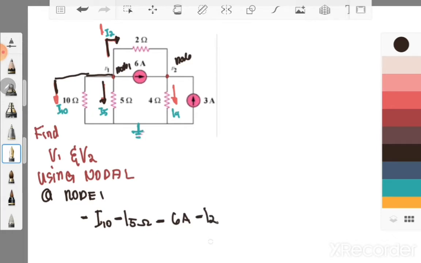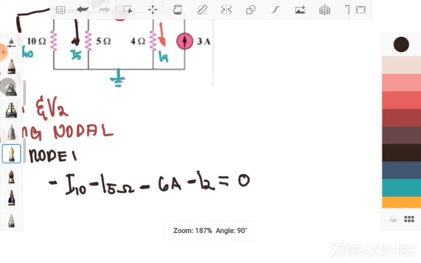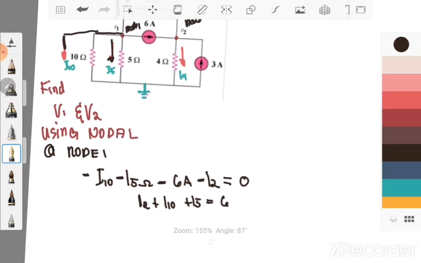Minus I2. Since this is KCL, conservation of electric charge, summation of I is equal to 0. So therefore, I may say that my I2 plus I10 plus I5 is equal to 6 ampere. That is our KCL at node 1.